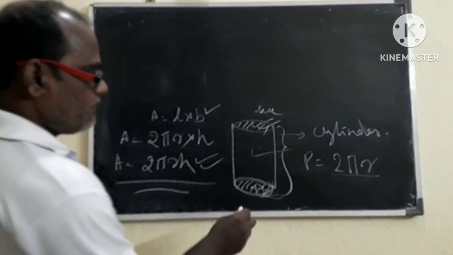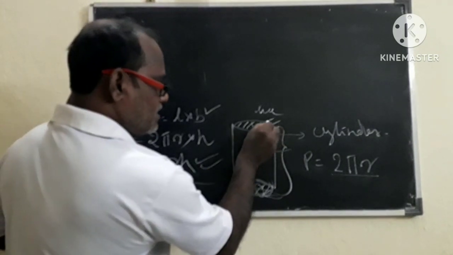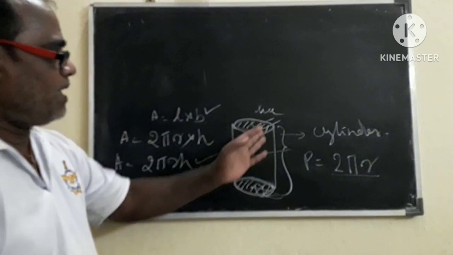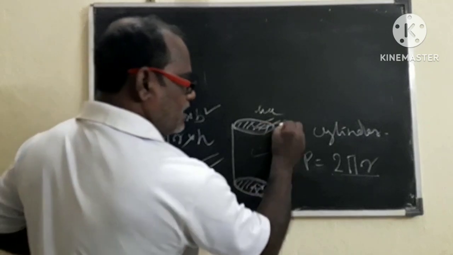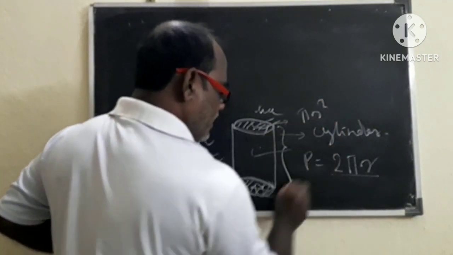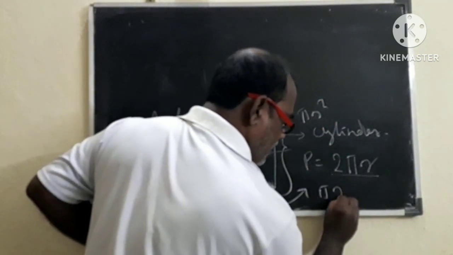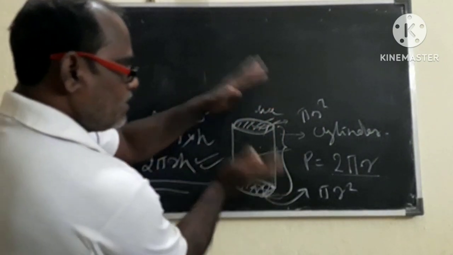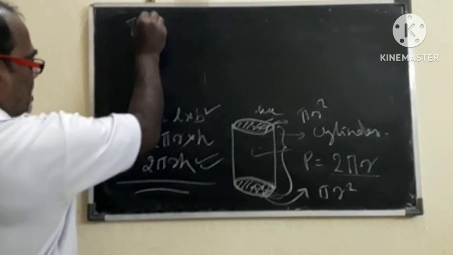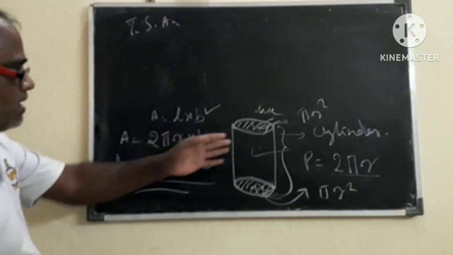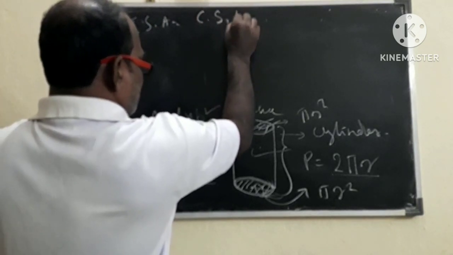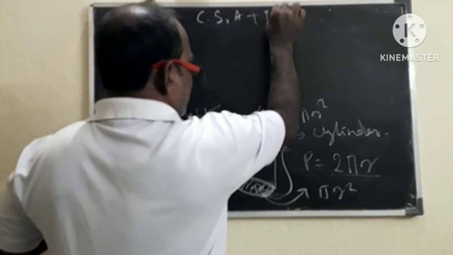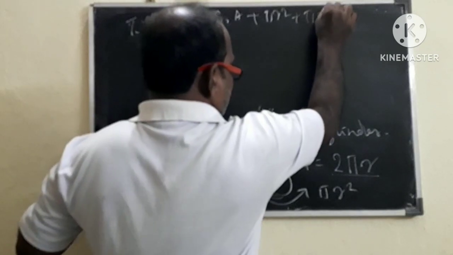Okay, so already we have seen the curved surface area. Now this is also in the form of circle, this is also in the form of circle, the radius being r. So the area of this circle is pi r square, and the area of this circle is also pi r square. Now we can find out the total area. Total surface area of the cylinder, TSA, is curved surface area plus area of this circle and area of this circle, that is plus pi r square plus pi r square.